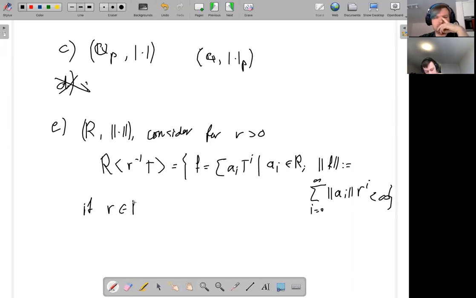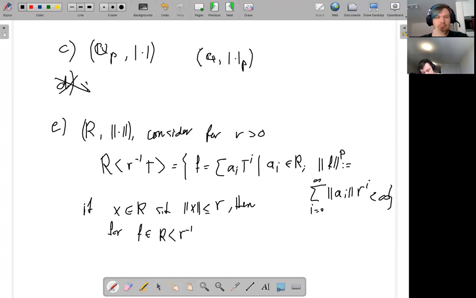If x is in R, such that the norm of x, this is the norm on R, let me distinguish them, let's call this norm p, for power series, and this is the norm on R. If this is less than or equal to r, then for f in the power series ring, f(x) makes sense.